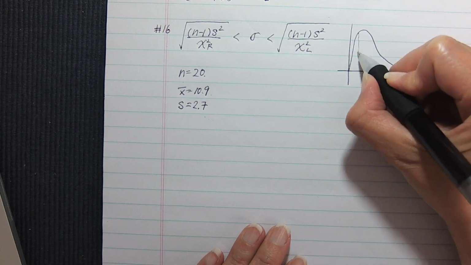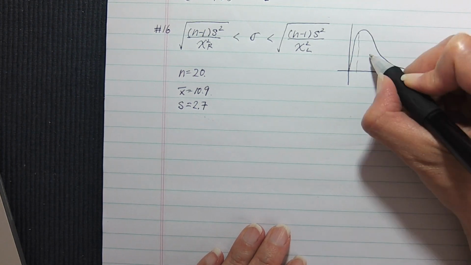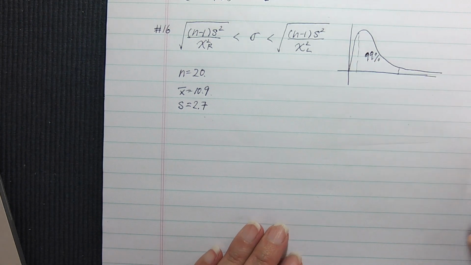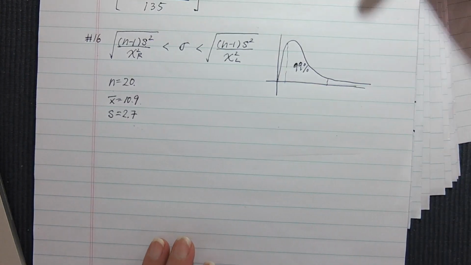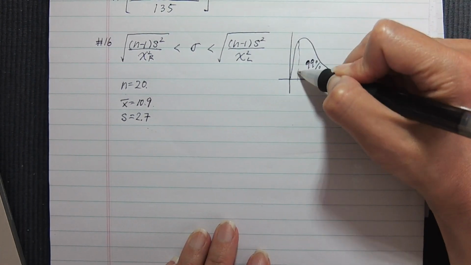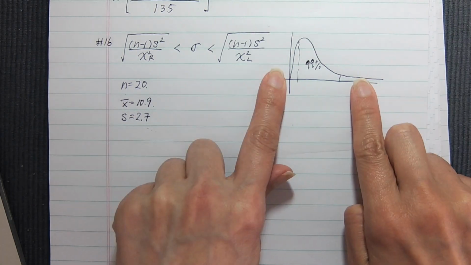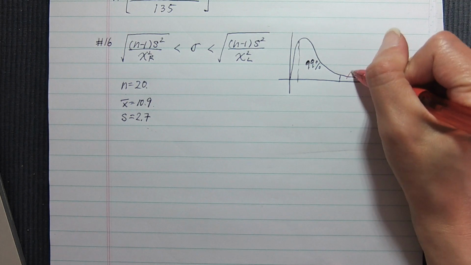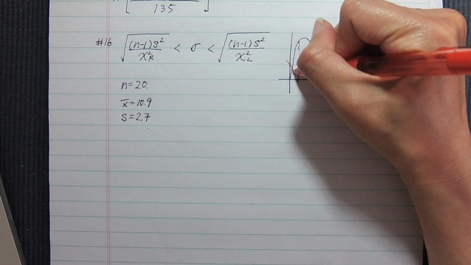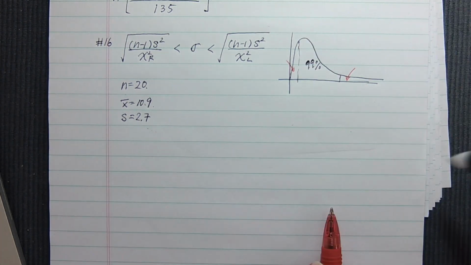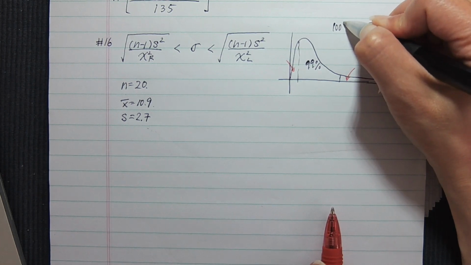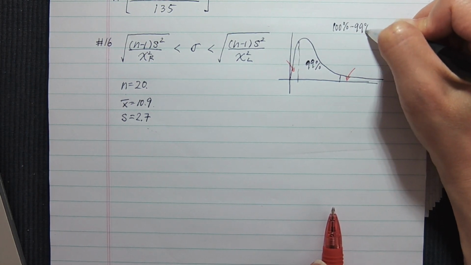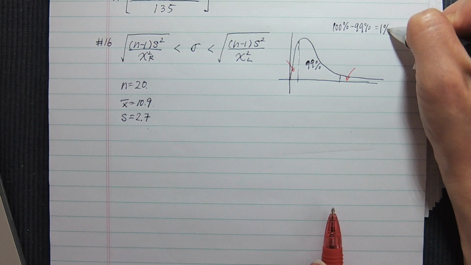Then make sure it's 99%. What's the leftover on each side? I need the leftover on each side. It's 100% minus 99%, which is 1%.